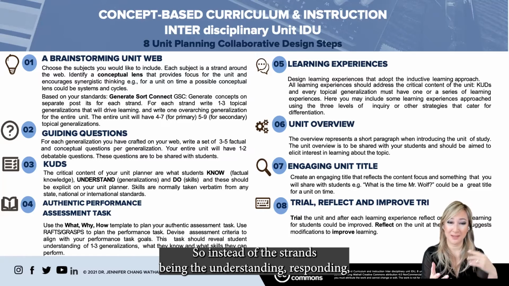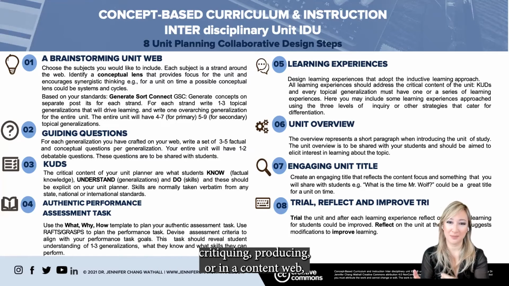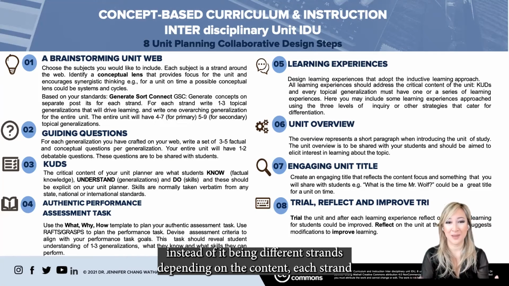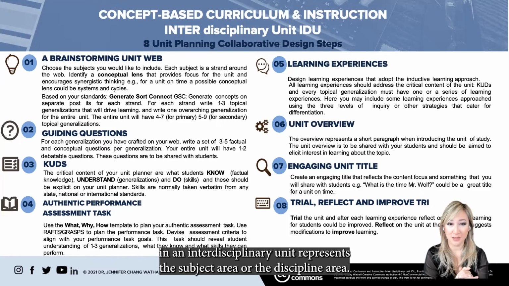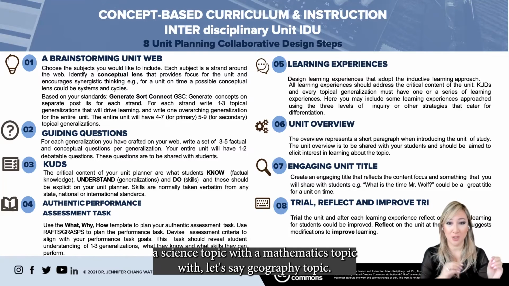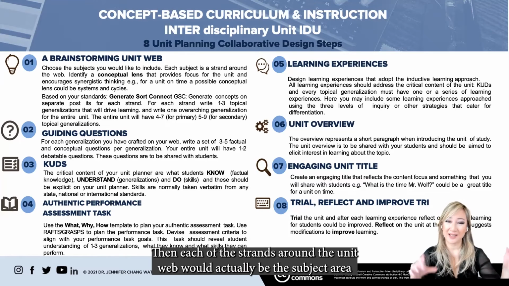Instead of the strands being understanding, responding, critiquing, producing, or different strands depending on the content in a content web, each strand in an interdisciplinary unit represents the subject area or discipline area. So maybe you want to create an interdisciplinary unit that connects a science topic with a mathematics topic and, let's say, a geography topic. Then each of the strands around the unit web would be the subject area.